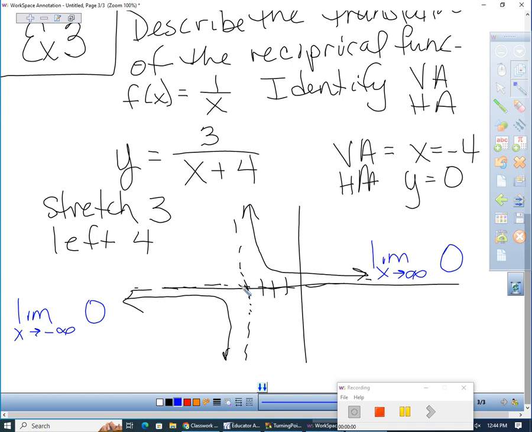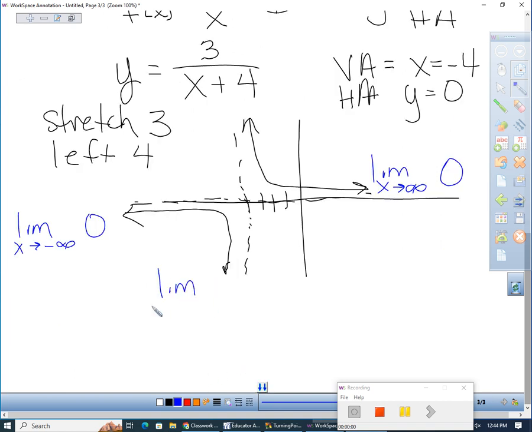Now we're going to talk about the vertical asymptote here. Down here, the limit as x approaches our vertical asymptote of -4, and it's coming from the left, goes to -infinity. This one, the limit as x approaches -4 from the right, it goes to +infinity.